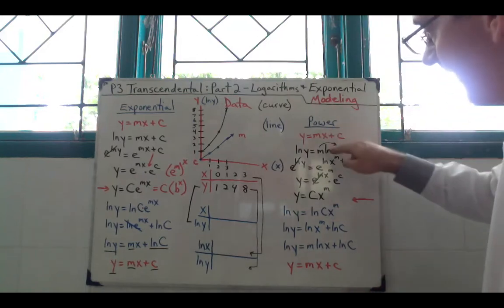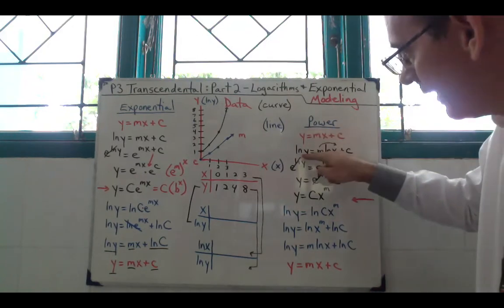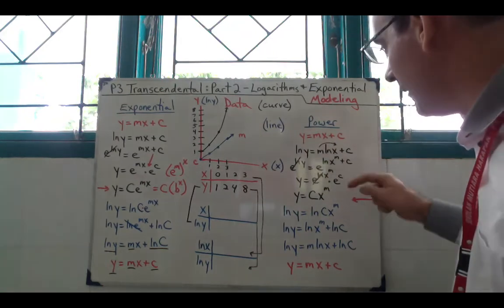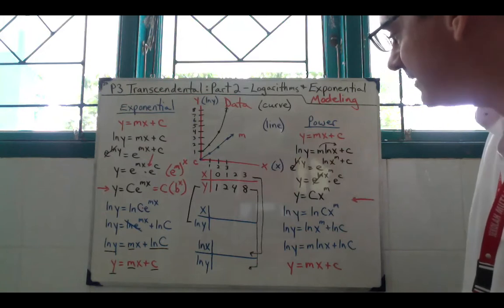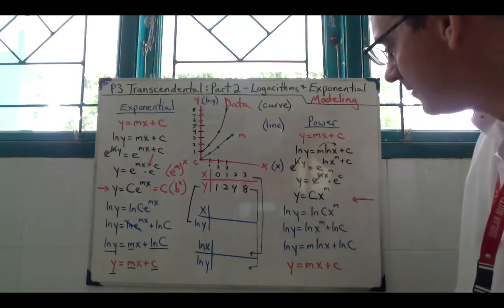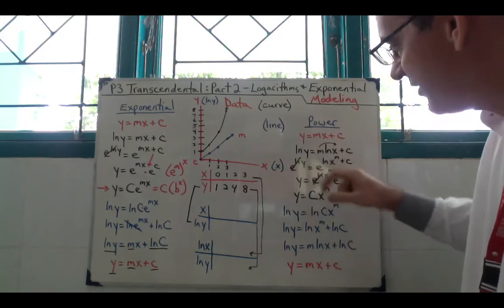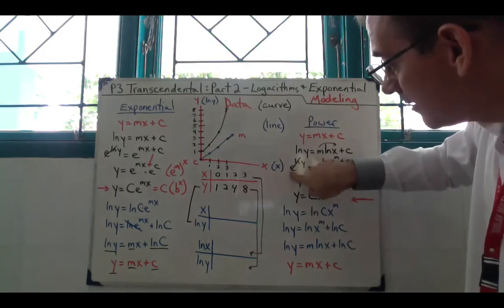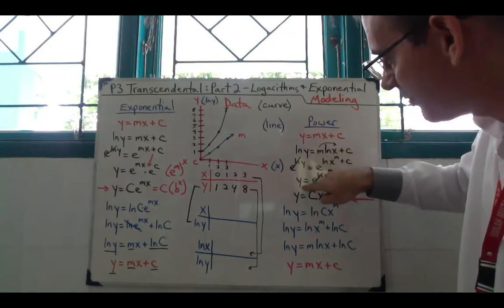Okay, so we replace x with ln x, we replace y with ln y. Then we e both sides to get rid of the ln. We exponentiate both sides, and the e and the ln cancel, giving us y.